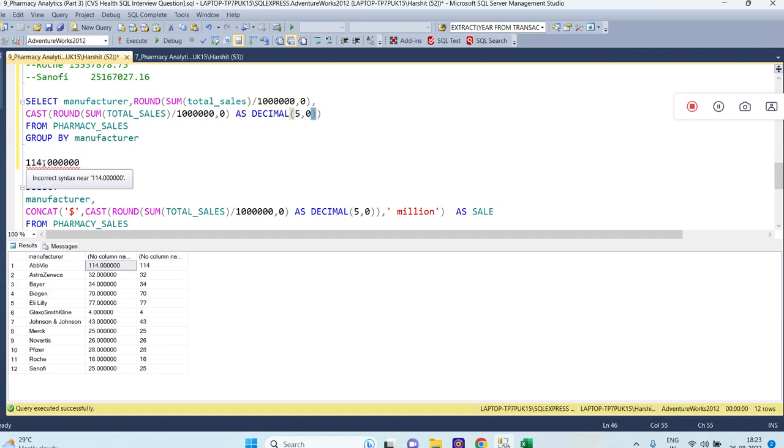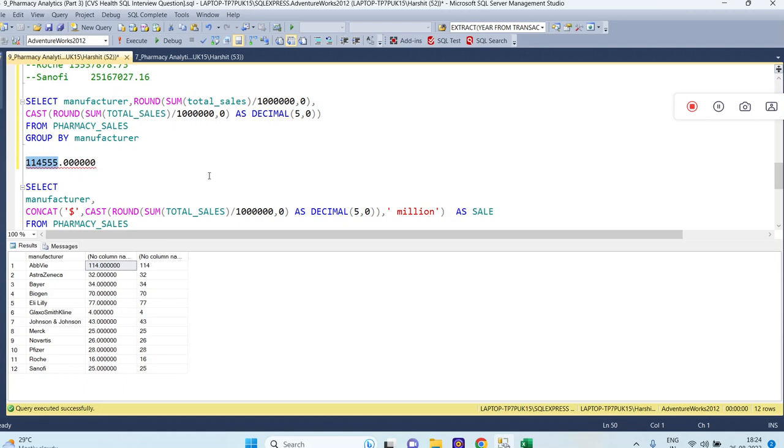So now suppose this value is like this, right, then 5 will not work, because these are more than 5 digit numbers.